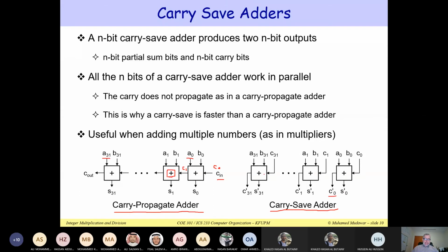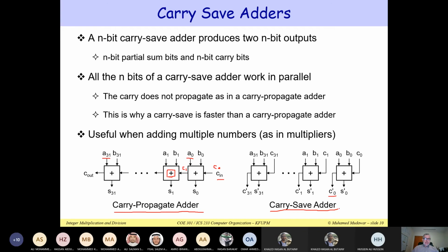And because I'm not propagating the carry, I'm saving the carry. All of these bits can be added in parallel. So I'm using the same 32 full adders, but the bits are being added in parallel, and therefore this will reduce the delay and make the addition a lot faster. But I still have to add the carries, but I will do that later.